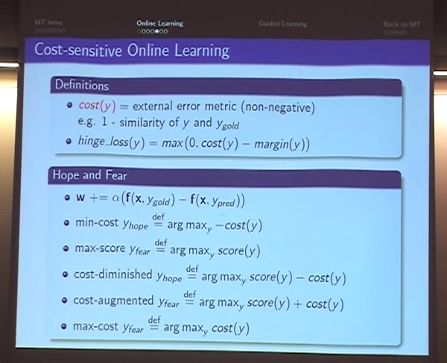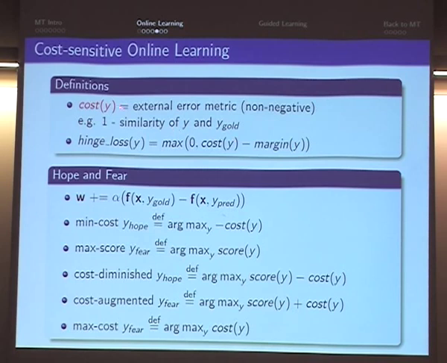Okay, and I already started describing this before. So cost, by definition, is some extrinsic error metric. So it must be always non-negative, and if the cost is between 0 and 1, then you can think of it as 1 minus the similarity of the predicted label and the gold label.